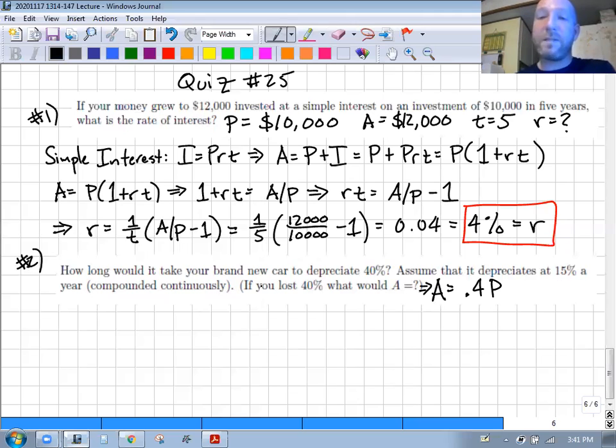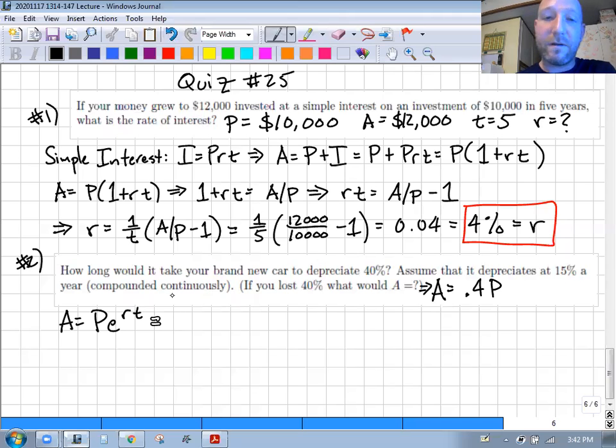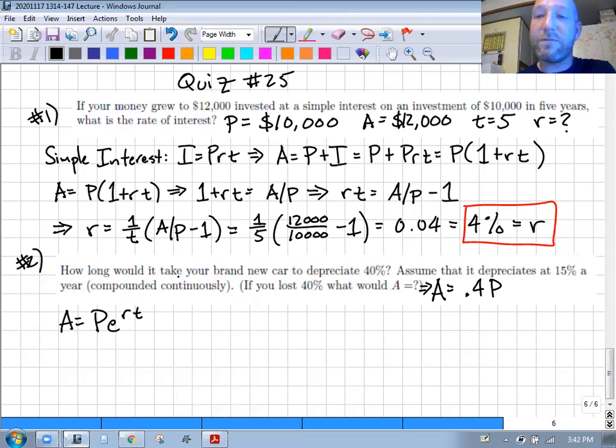All right, they're saying it depreciates at 15% a year, compounded continuously. Compounding continuously, we use this formula here, right? So in this case, we fill in the blanks. What are we looking for? We're looking for a time, right? How long would it take?